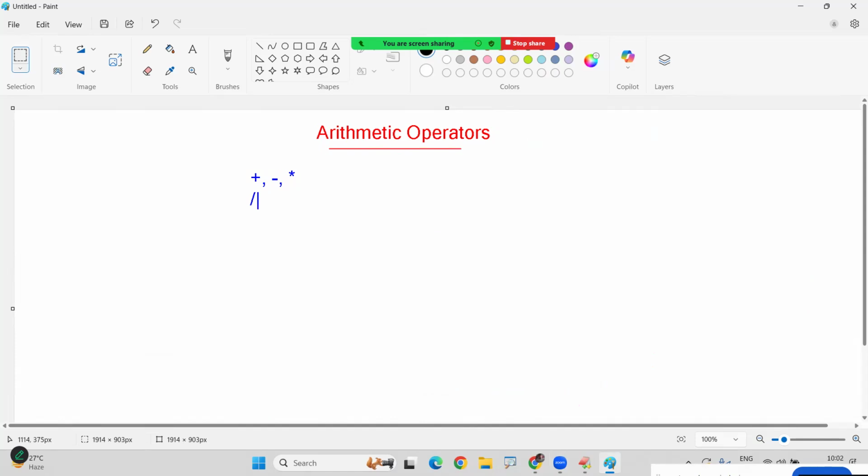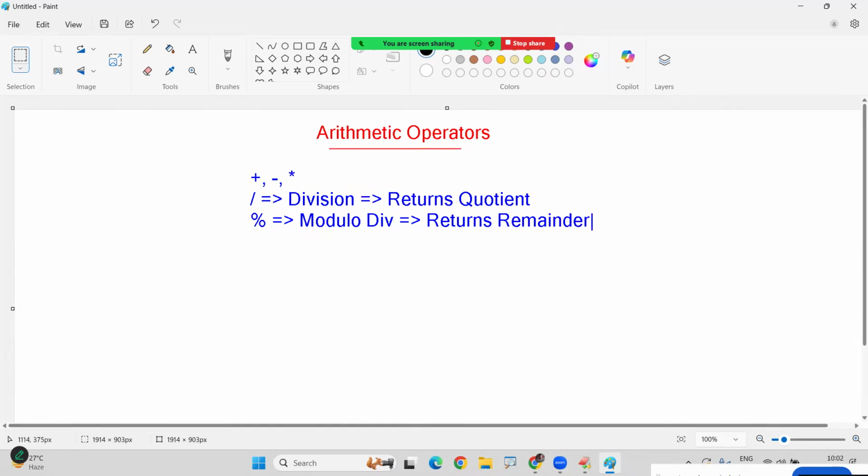But these are division, which returns the quotient, and mod, which is called modulo division. It returns the remainder.